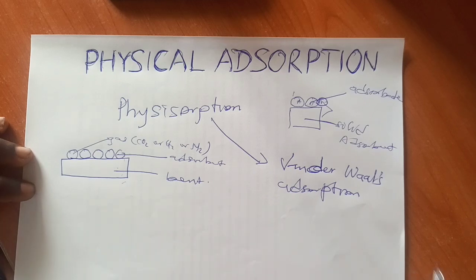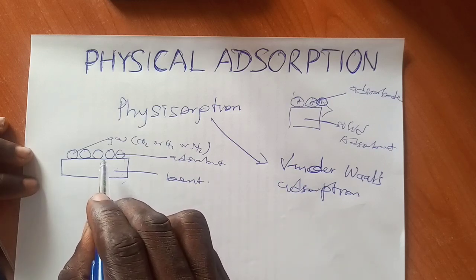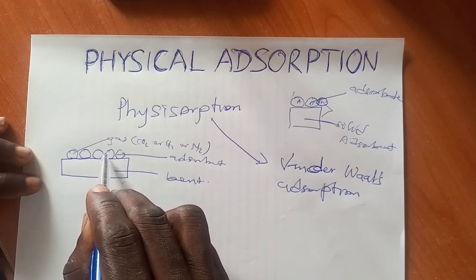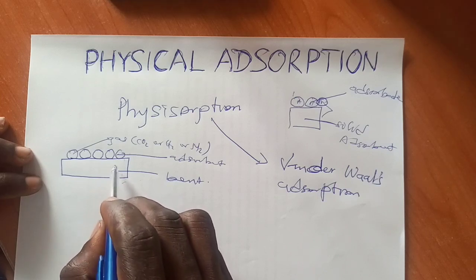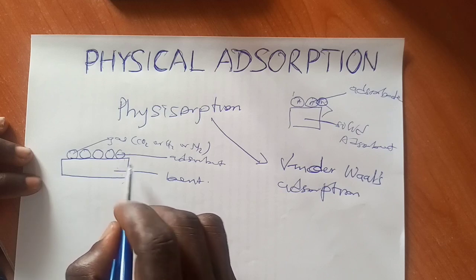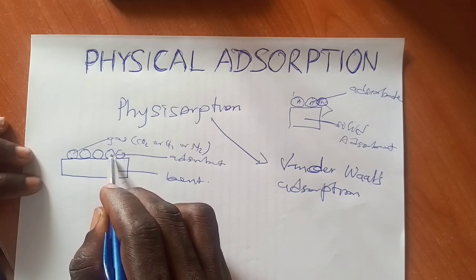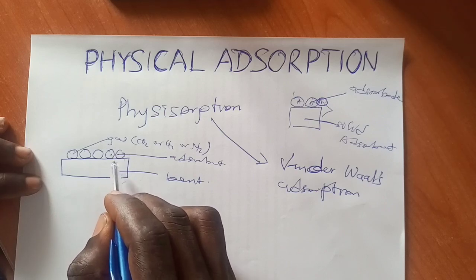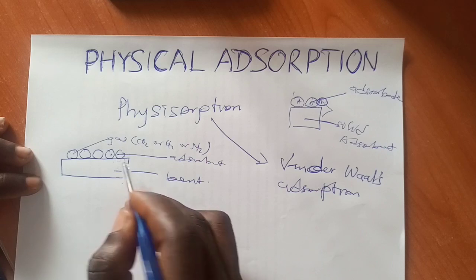Do you understand that? In physisorption, this weak bond can easily be removed because it is a weak bond. The temperature holding this molecule to the surface is usually very low, so it occurs at low temperature.